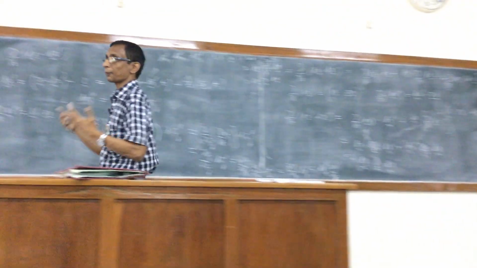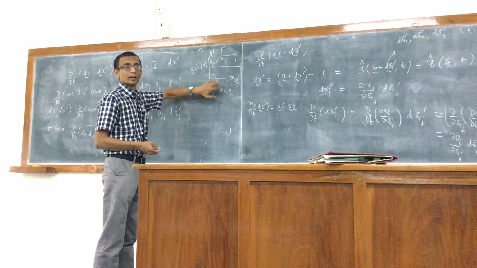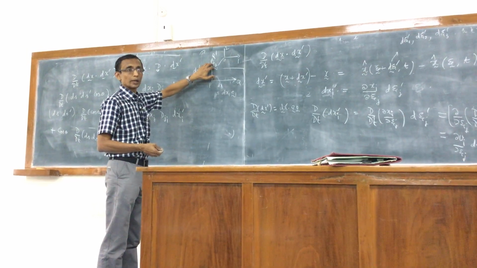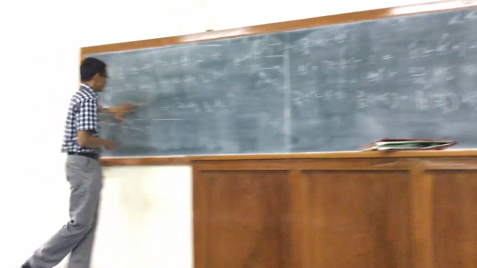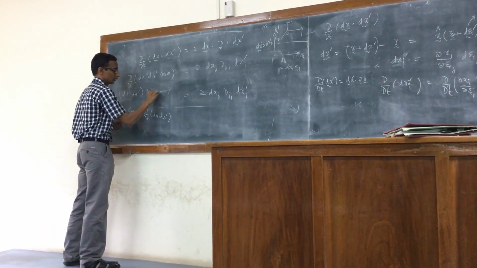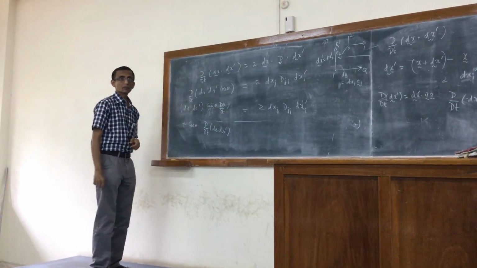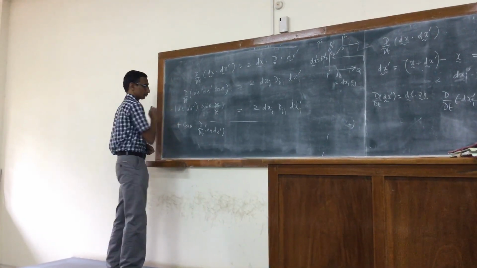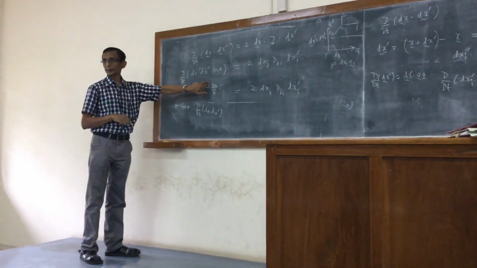Then you can see what happens to this equation. So what is the angle theta between the two elements? 90 degrees, right? So d by dt of cos theta can be written as minus sin theta d theta by dt.